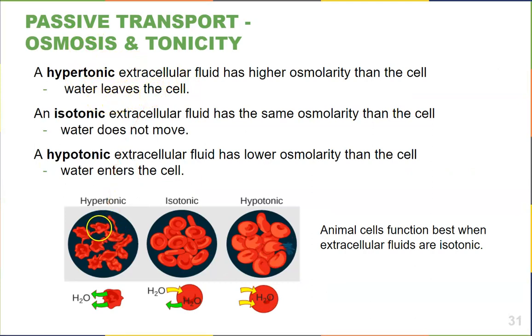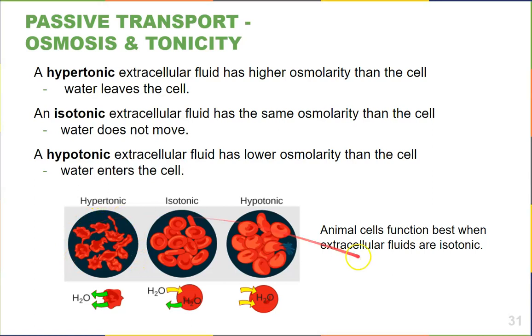That means the solution that the cells are in has more solutes in it, so water is going to move out of the cell to dilute the solutes that are outside in the solution.